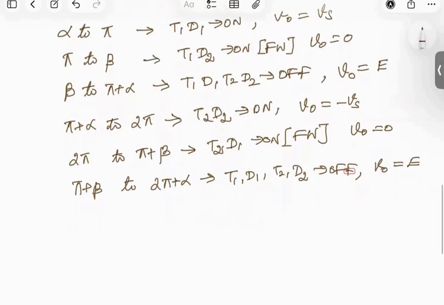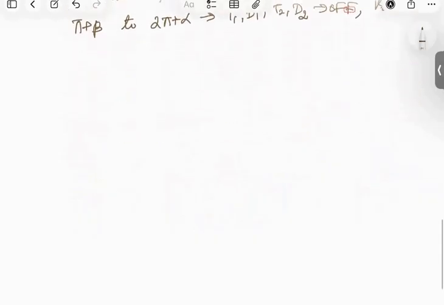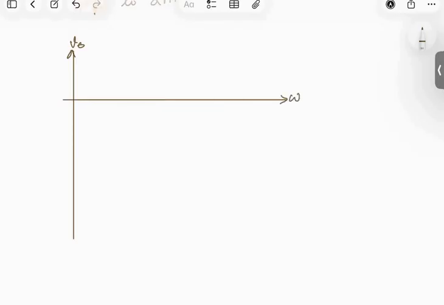So if we draw the output voltage V0 for one cycle, this is pi, this is 2 pi.